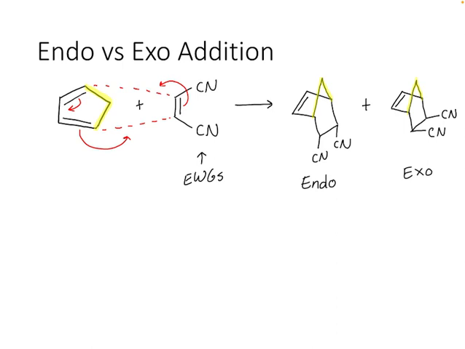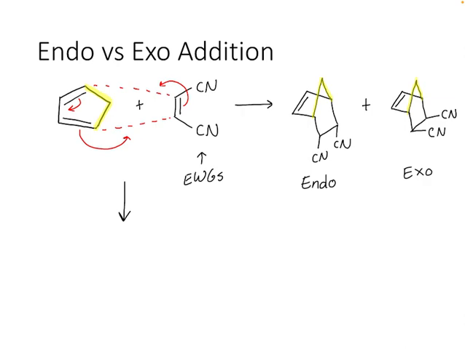Okay. So let's draw the transition states that can produce these two products. So let's draw the endo transition state. So what happens in a Diels Alder reaction is that the diene is actually going to sit above the dienophile.